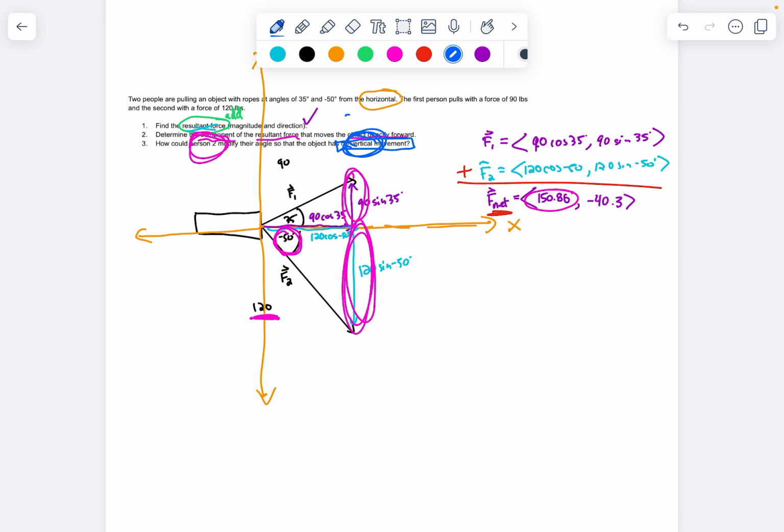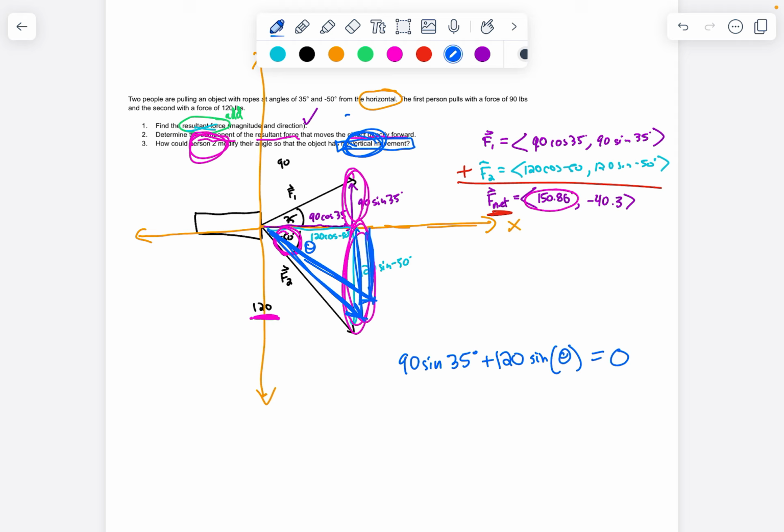Okay, so it's an equal 0 situation, which I'll write. 90 sine 35 plus 120 sine theta, because we're changing this angle to some theta. We don't know where, but somewhere is going to be a theta such that these components actually balance. And all that is going to equal 0. Simple. Can we solve this?